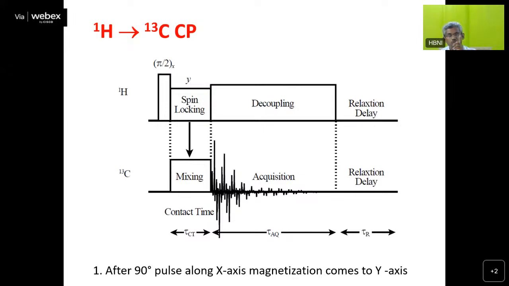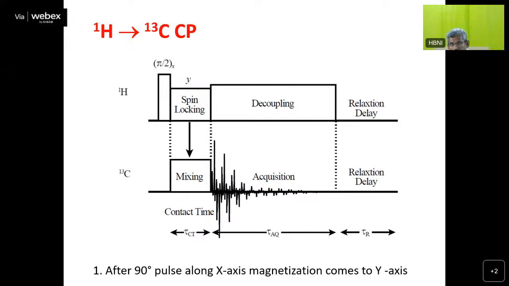The rotating frame is assumed to be rotating at 300 megahertz or 500 megahertz, that is, at the spinning frequency, which is nothing but the Larmor frequency of the proton. So if you say 300 megahertz, the proton will have a frequency of 300 megahertz. The rotating frame also rotates at a frequency of 300 megahertz. So in the rotating frame, it is as if there is no magnetic field applied to the proton.